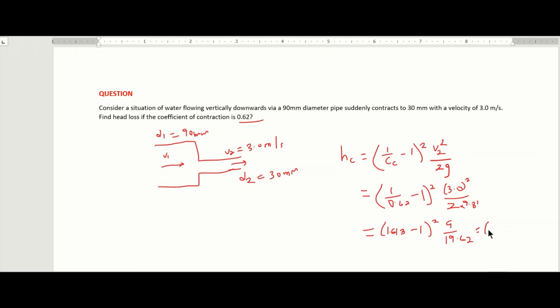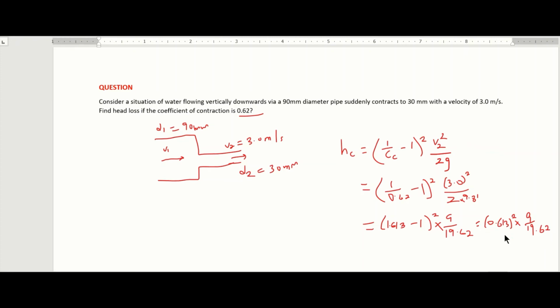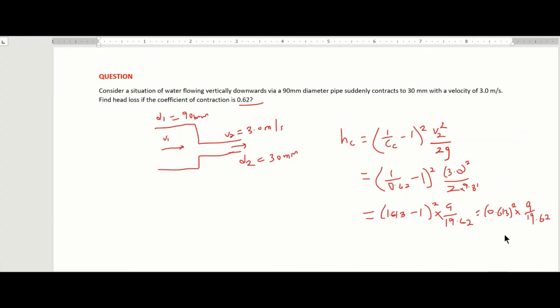So we have 0.613 squared times 9 divided by 19.62.